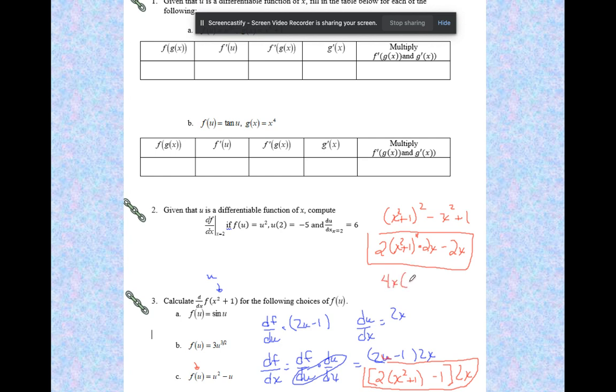For x times x squared plus 1 minus 2x. Think you can factor the 2x out of that? What are you going to get? Woohoo!